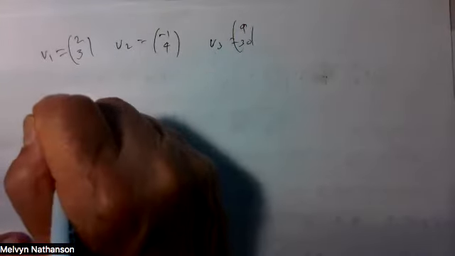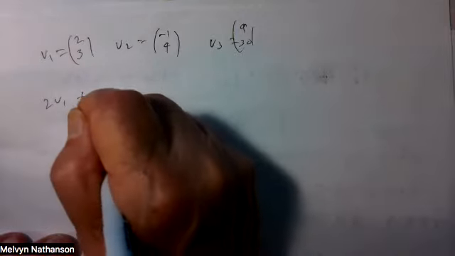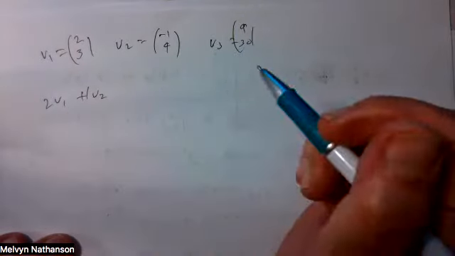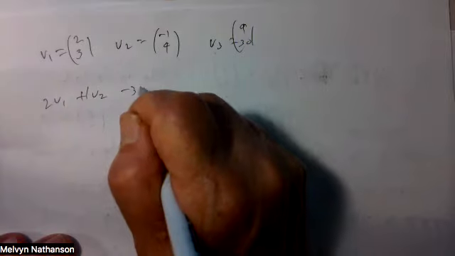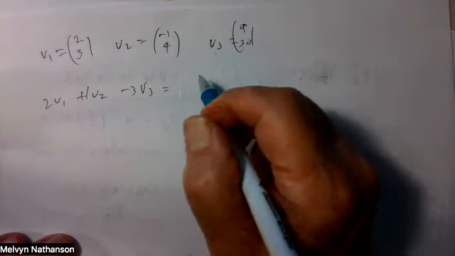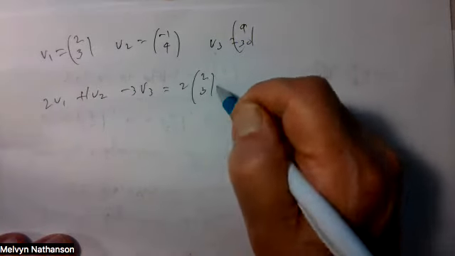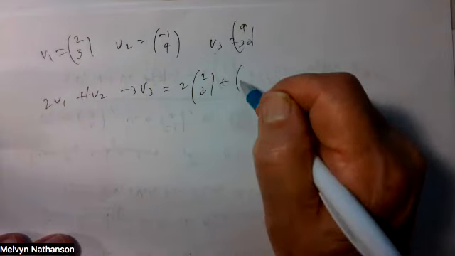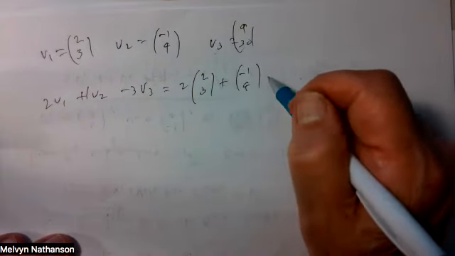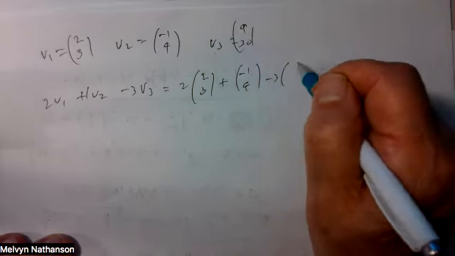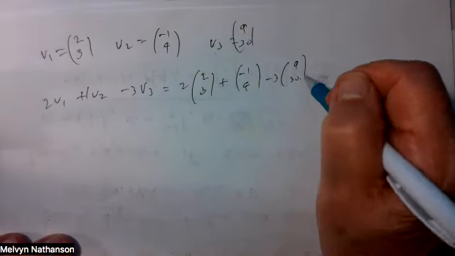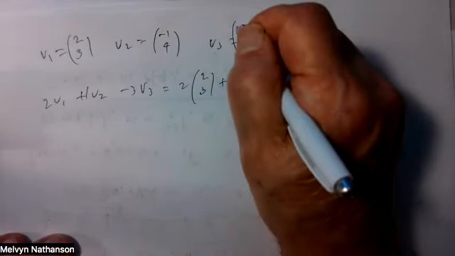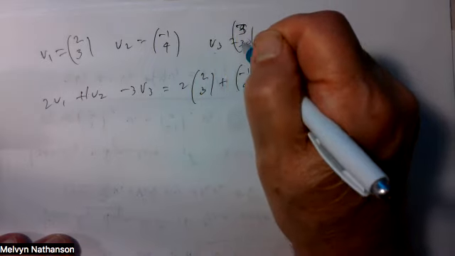And if I take 2v1 plus v2 minus a third of v3, that's 2 times (2, 3) plus (-1, 4) minus a third times (9, 30).